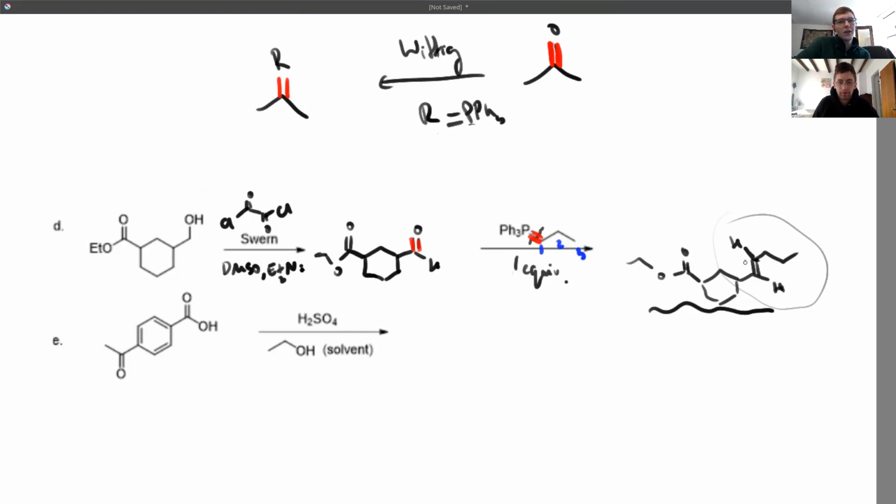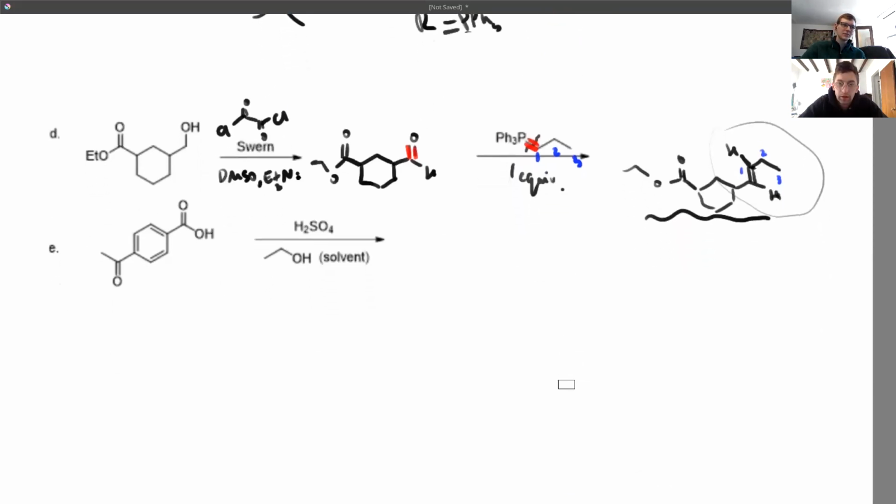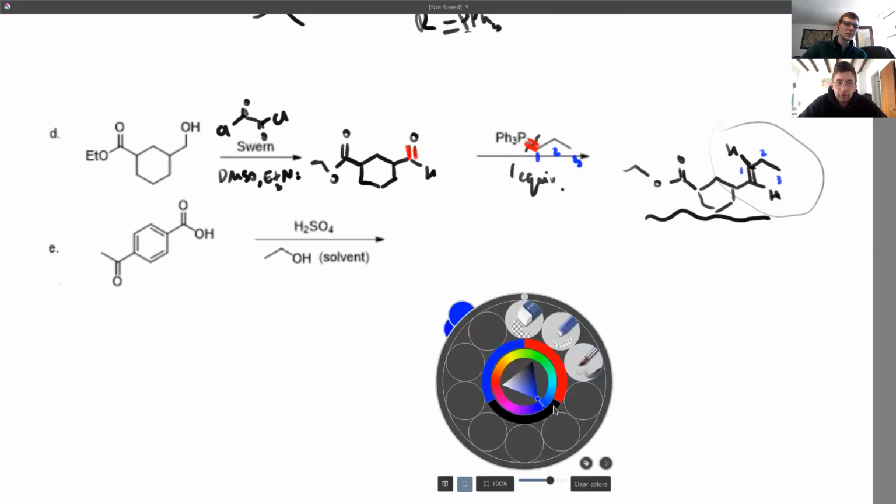And here we've added 1, 2, 3, and 4. Right, get rid of the 4th carbon. Gotcha. So that is something to be careful about. Okay, so that is it for that one.